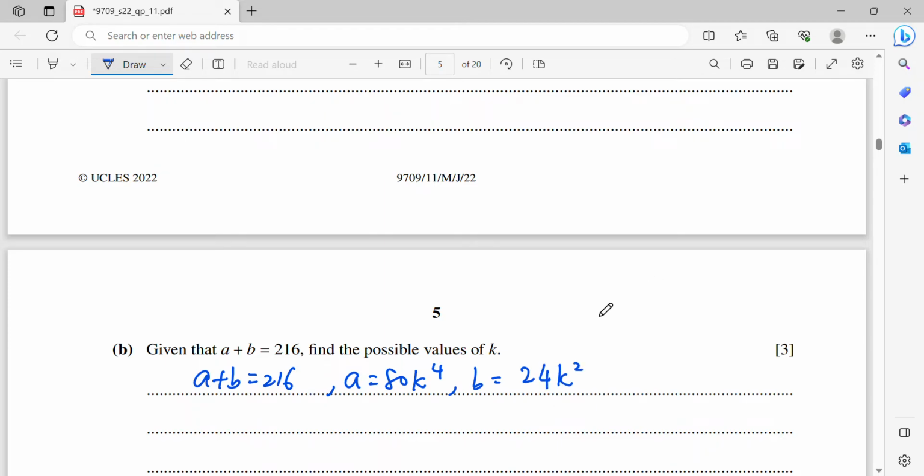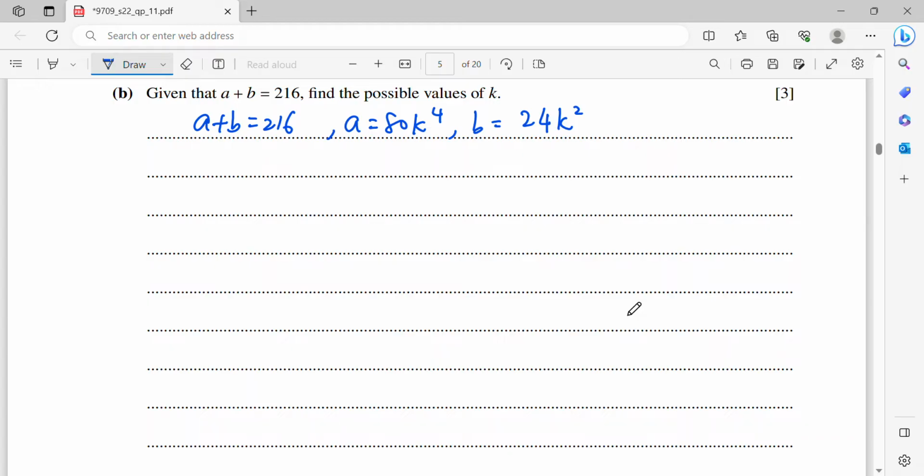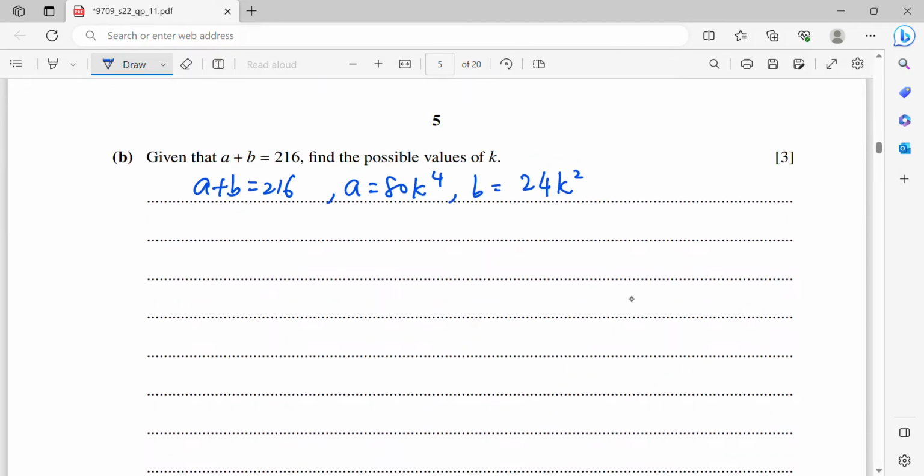When you substitute all this into a plus b equals 216, I will get 80k^4 plus 24k² minus 216 equals 0.